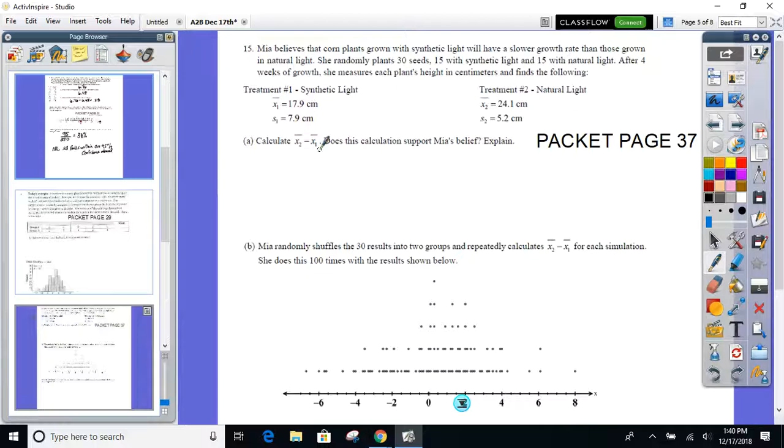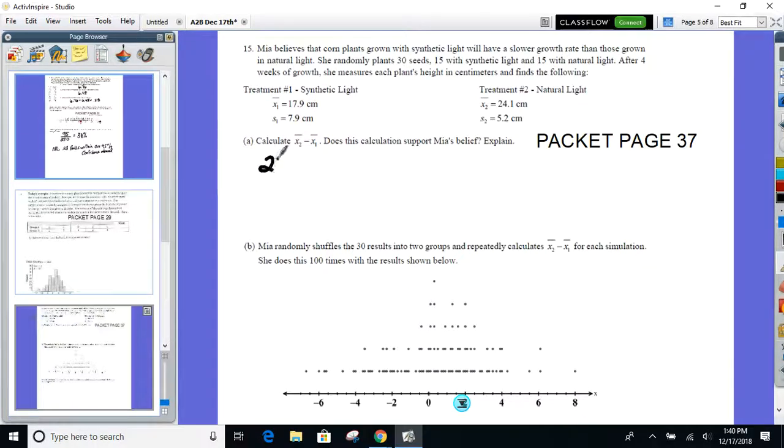So the mean for treatment 2 was 24.1 minus the mean for treatment 1, which is 17.9. What's the difference in the means? 6.2 centimeters. Okay, everybody stop. We're not ready to go to the simulation yet.